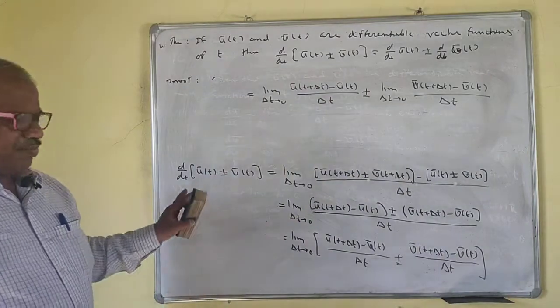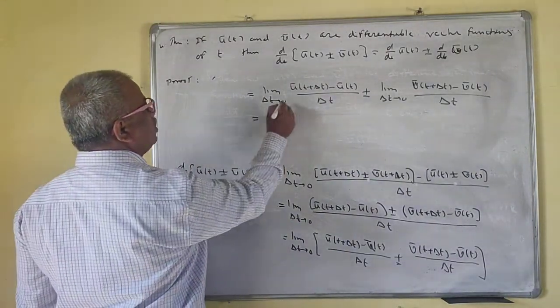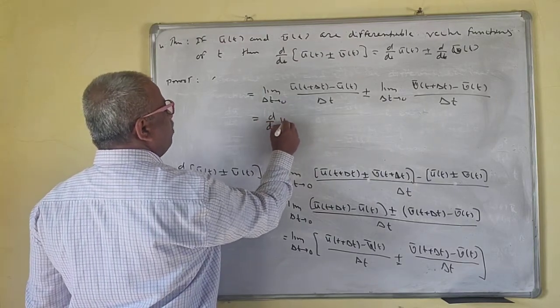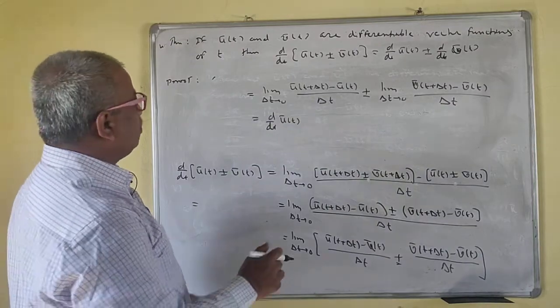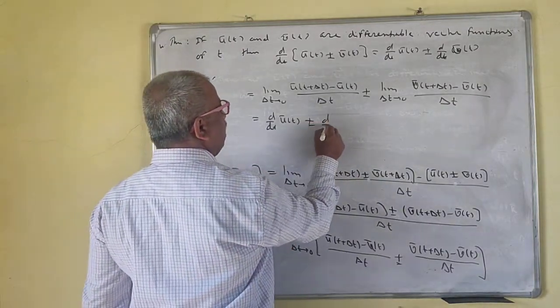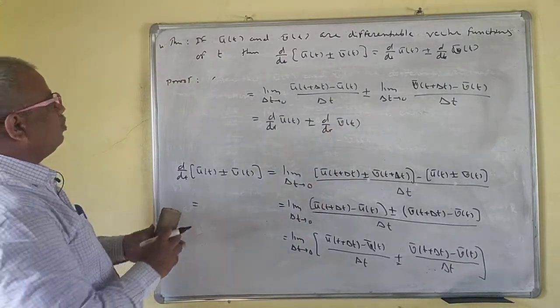Just as usual now, we are using simple algebra here. So now this is the definition: by definition, d by dt of u bar of t plus or minus d by dt of v bar of t. Okay, so this is over now.